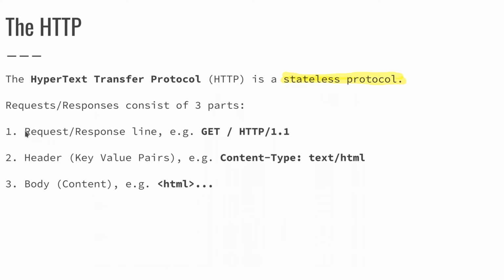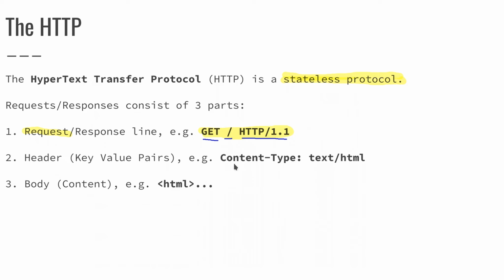Every interaction starts with a request. The request starts with the request line that looks something like this. It starts with the HTTP method you want to use, in this case GET, which means return the content I want to see. Then we get a path on the web server, and then the HTTP version. After this request line, we get headers, which are key-value pairs.